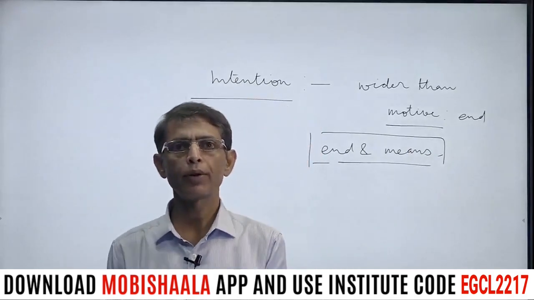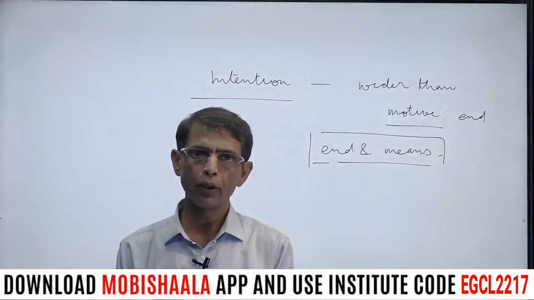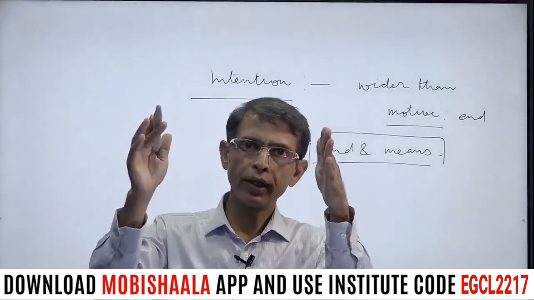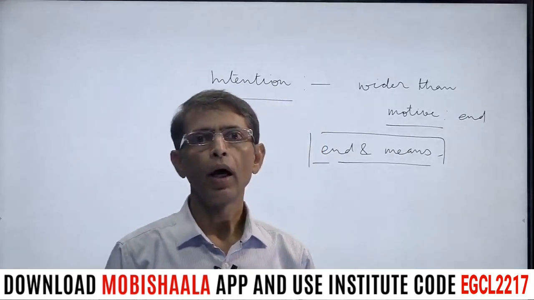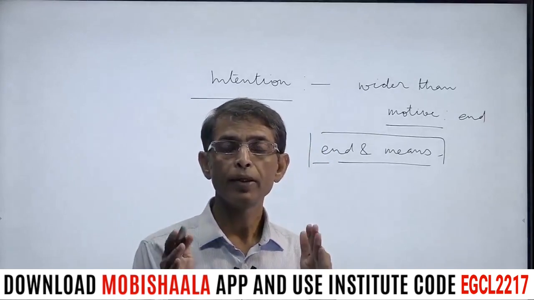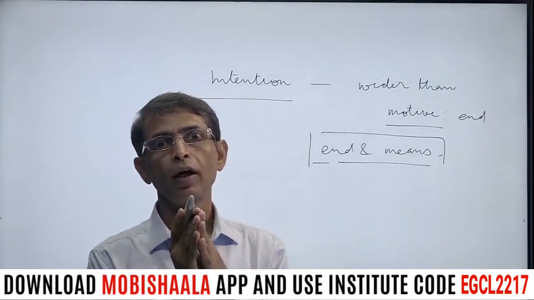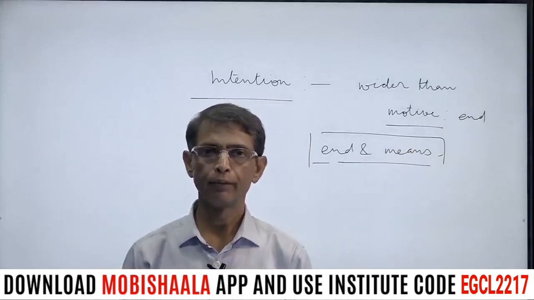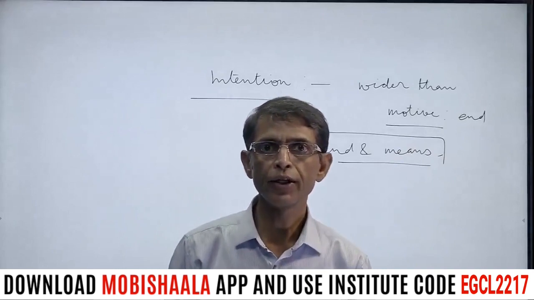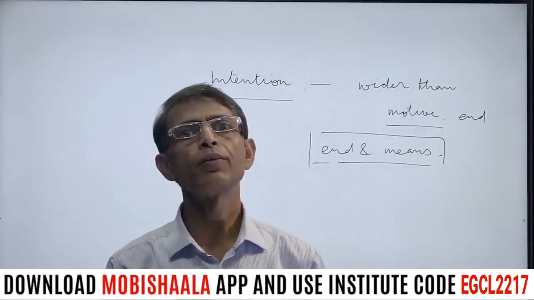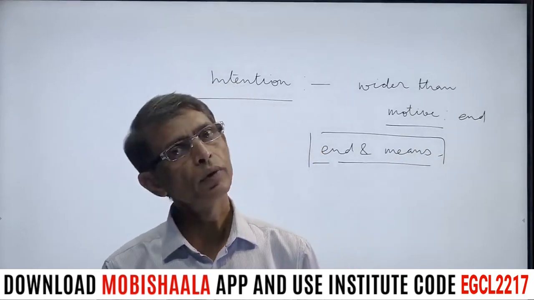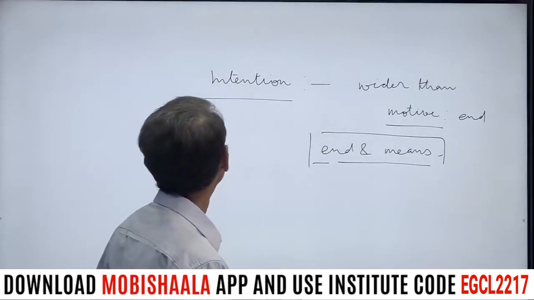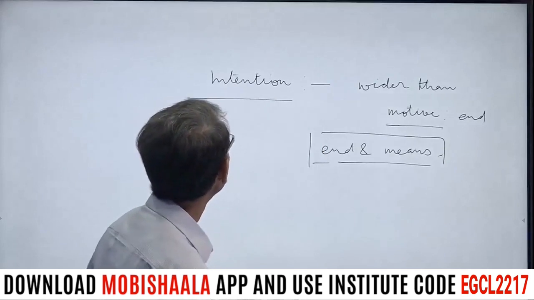And motive, you have understood, I think, is a particular definite end or a certain object, and it also has means, the ways and the means of how it can be attained, how it can be achieved, how it can be acquired. So intention is the motive as well as the means, end as well as the means. Okay, this is your motive and intention.